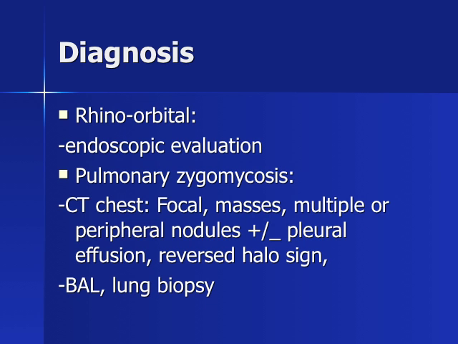What's the diagnosis? You have to do endoscopic evaluation for pulmonary zygomyces, basically your CT chest and how the lesions look. If the patient has reverse halo sign or a big, large nodule, and this could be associated with pleural effusions.